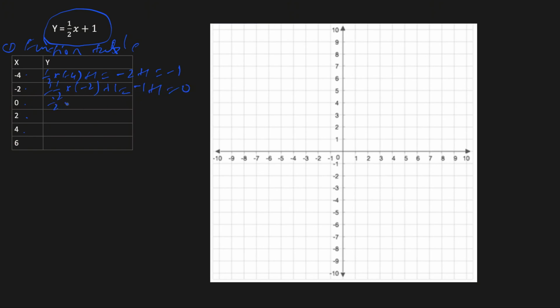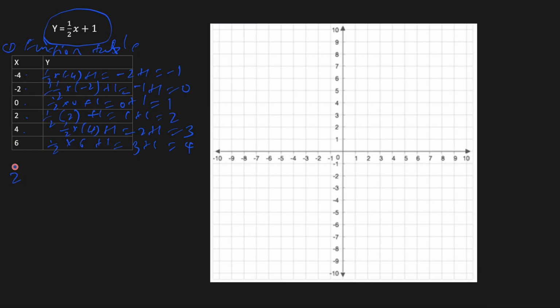Then half times 0 plus 1, which is 0 plus 1, 1. Then half times 2 plus 1, which is 1 plus 1, 2. Then half times 4 plus 1, which is 2 plus 1, 3. And then half times 6 plus 1, which is 3 plus 1 equals 4.